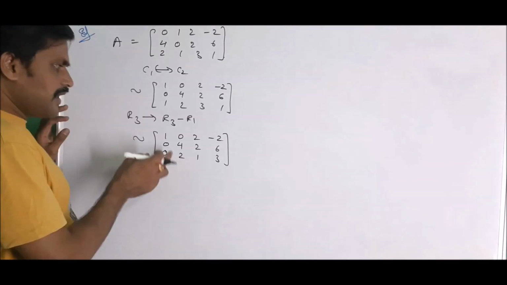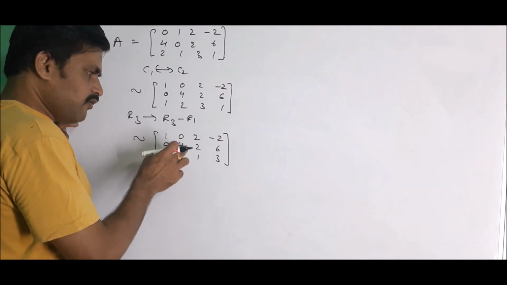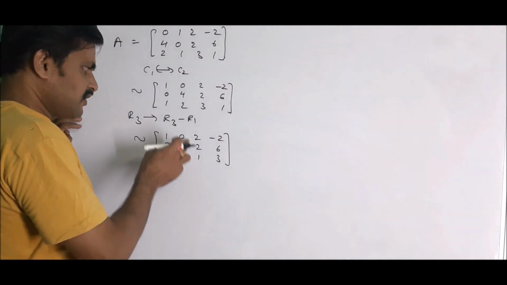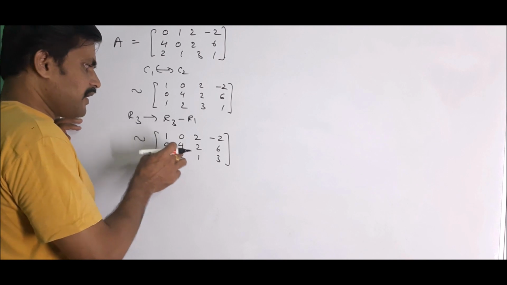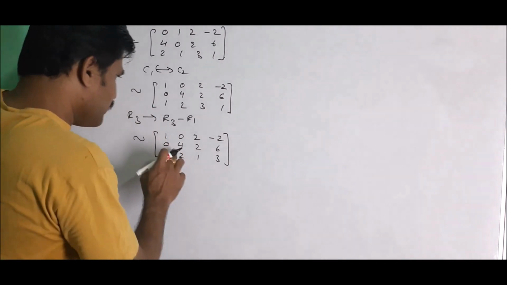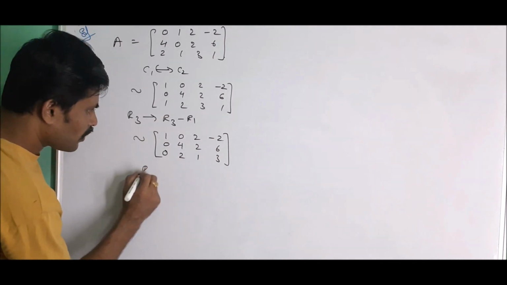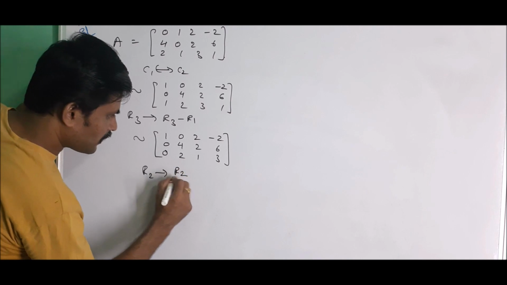Similarly, we observe that the second row, second element is 4. First of all, we convert the second row, second element into 1, so the second row is divided by 2: R2 changes to R2 by 2.